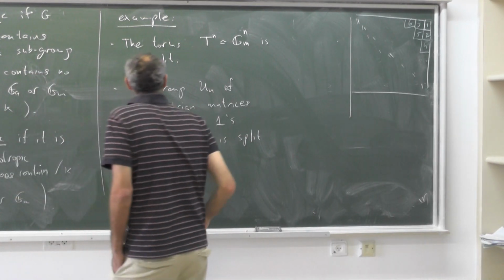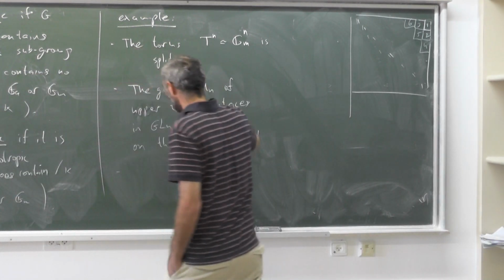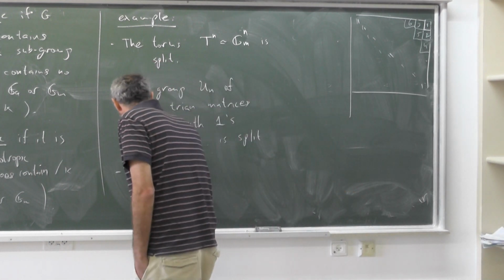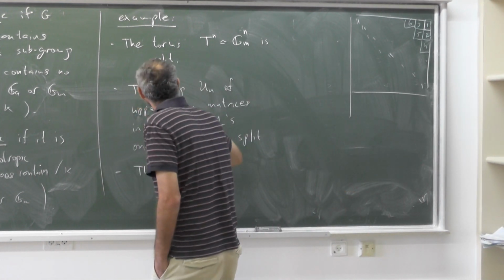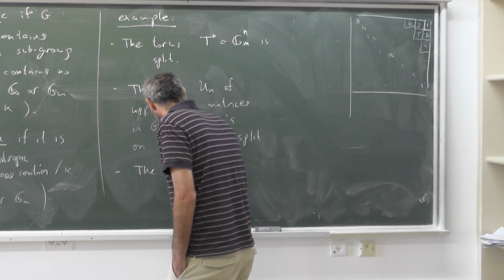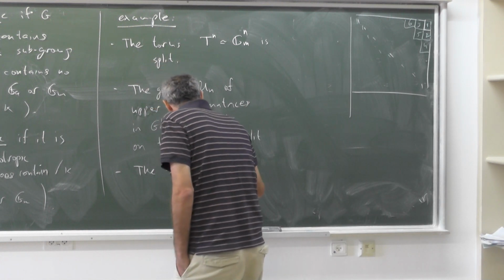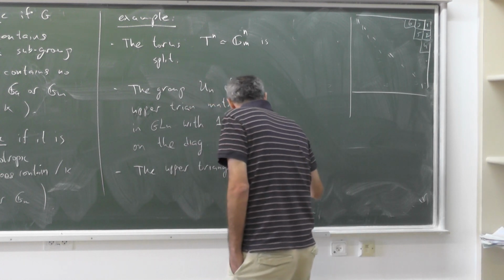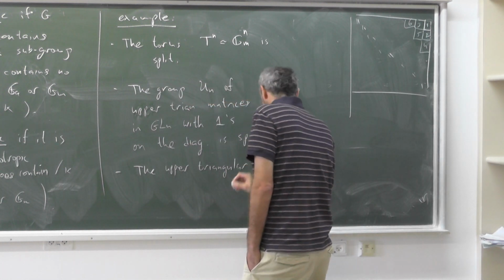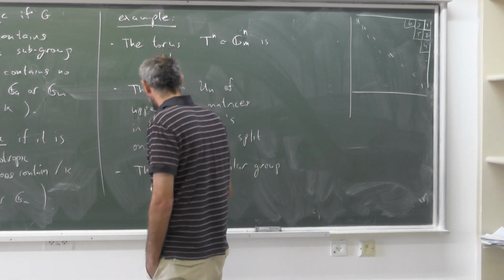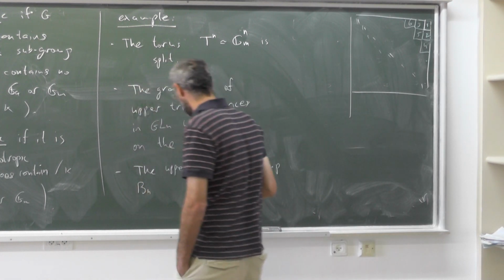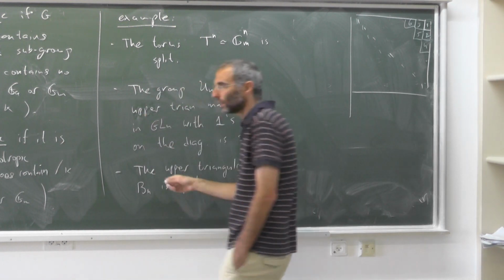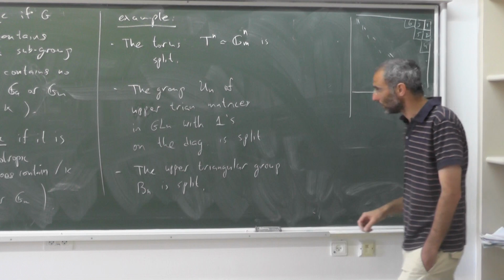So this is a proof of this fact, and combining these two together, the upper triangular group, called B_n sometimes, is split. It's called the Borel subgroup of GL_n.